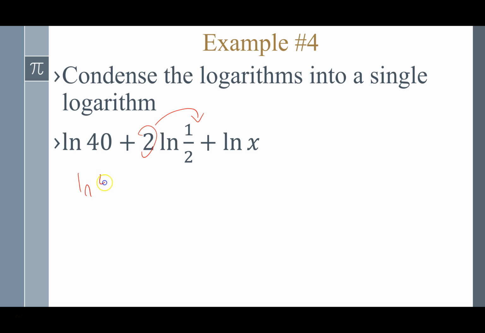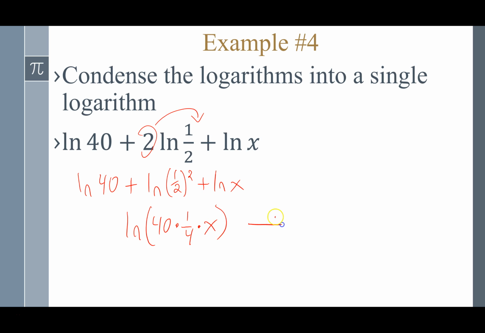So we would have ln 40 plus ln of 1/2 to the second power plus ln x. And since we're adding all these, that condenses as a product, so it'll be 40 times, since it's a number we should evaluate this, 1/2 squared means 1/2 times 1/2, which is 1/4, and then times x, which works out to be ln of 10x.